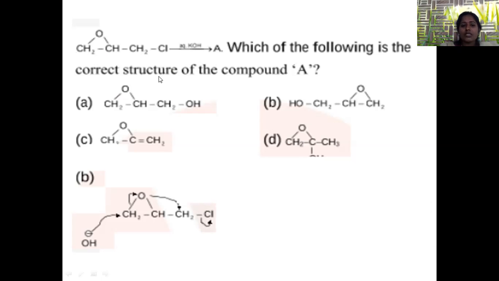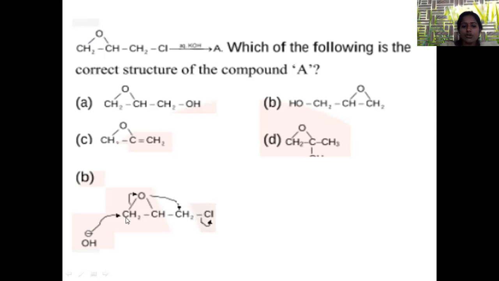Hence, when treated with aqueous KOH, the hydroxide ion attacks at this carbon, with simultaneous shifting of the bond towards oxygen, and a new bond forms between these two carbon atoms. Cyclization takes place between these three atoms, and removal of the chloro functional group is possible. This is the mechanism.